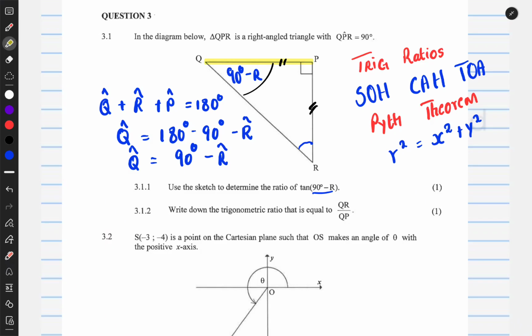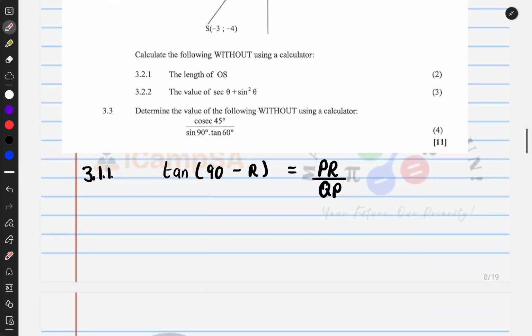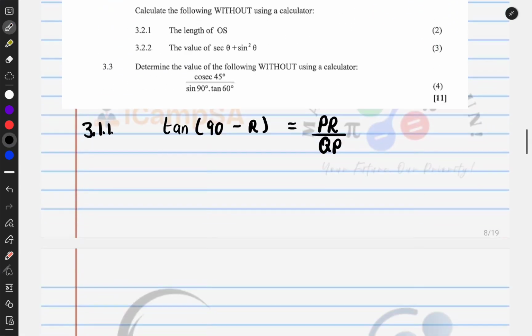But now we see that the hypotenuse side is a numerator, which means we are actually using the reciprocals of the trigonometric ratios. Maybe to quickly remind ourselves of the reciprocals, we are in 3.1.2. I'm just going to say trigonometric reciprocals.